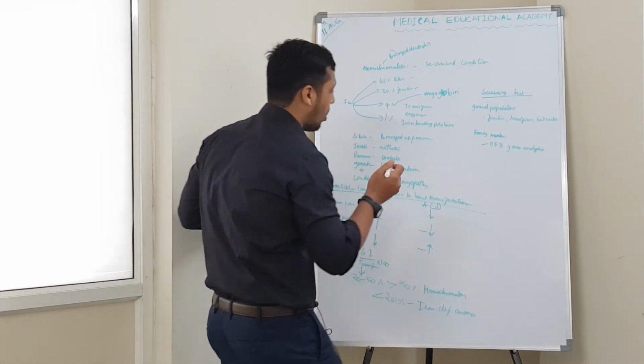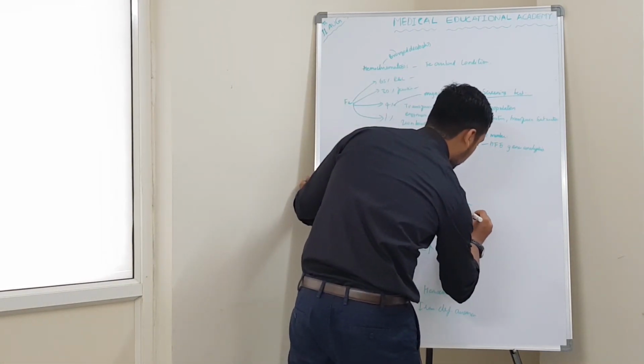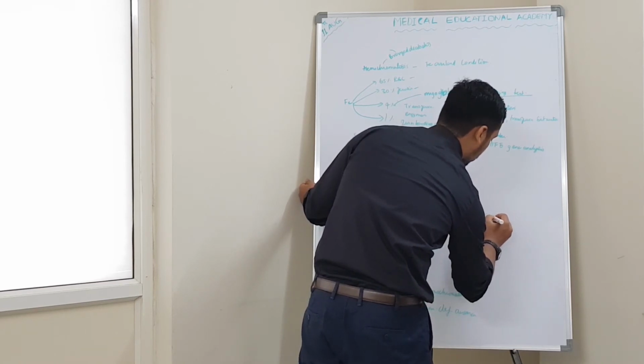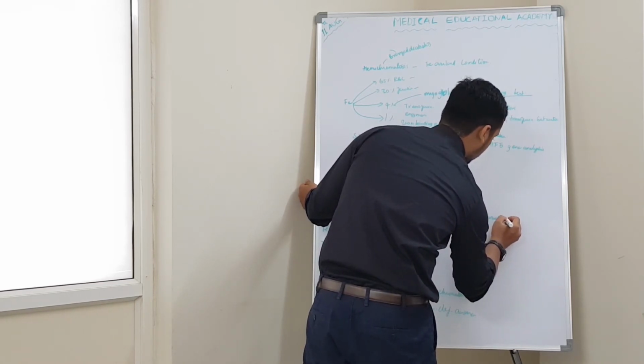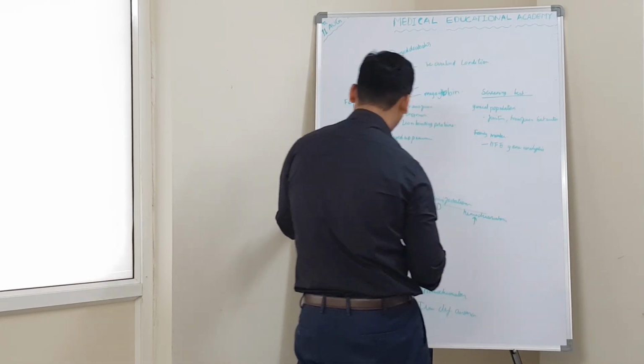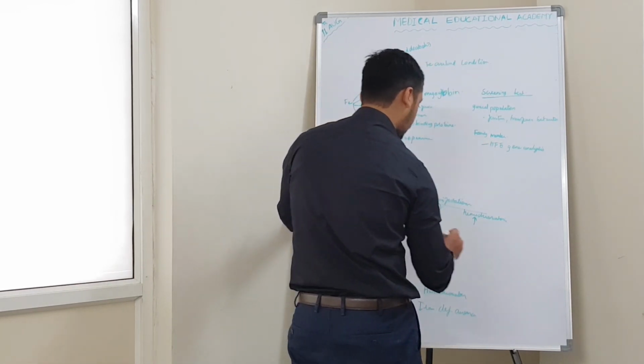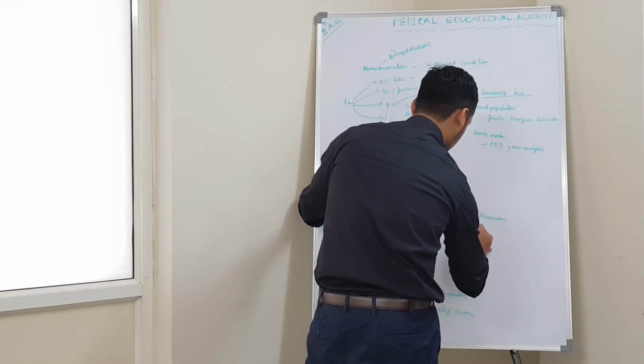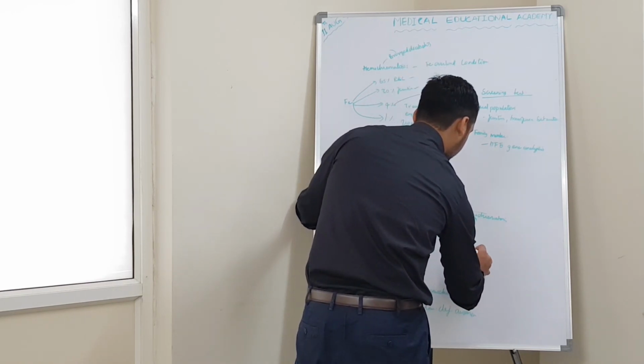So how will it be in hemochromatosis? Serum iron would be elevated, ferritin would also be elevated.